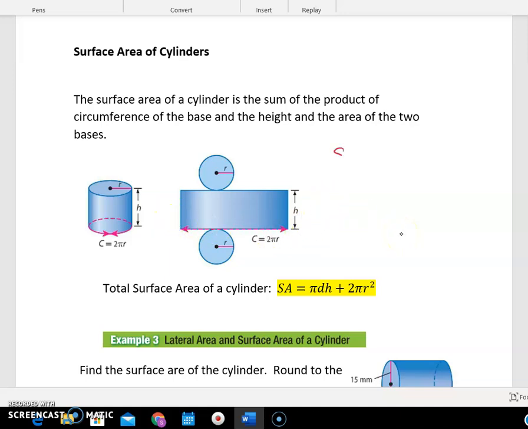So if surface area of a prism is the perimeter times the height plus 2 times the area of the base, the same thing is going to happen here, except the perimeter is a circumference. So we're going to take the circumference times the height plus 2 times the area of the base.